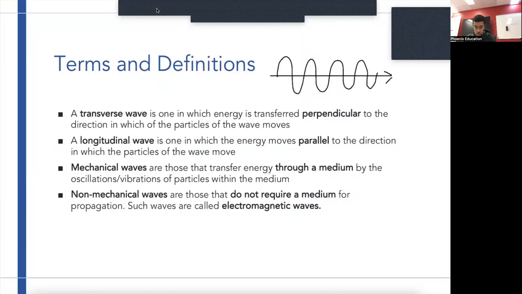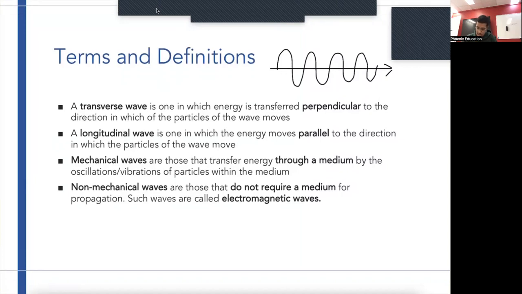In a transverse wave, the energy is being transferred 90 degrees to the oscillation. In a longitudinal wave, it's being transferred parallel. So what does this mean? These particles are bumping into each other and transferring energy this way.